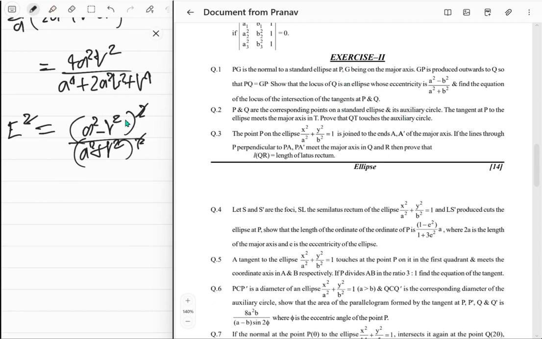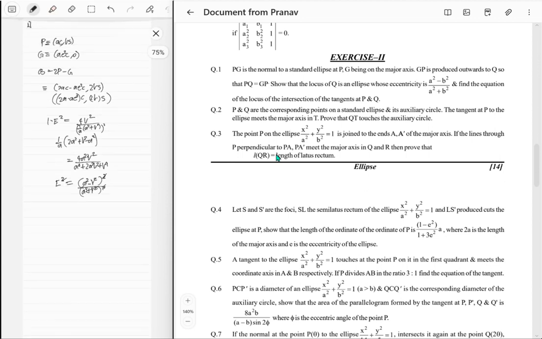To the new ellipse, I think. Yeah, to the new ellipse. And you want the locus of intersection of these tangents. Oh, not liking it. It's too much. Don't you think it's just too much?